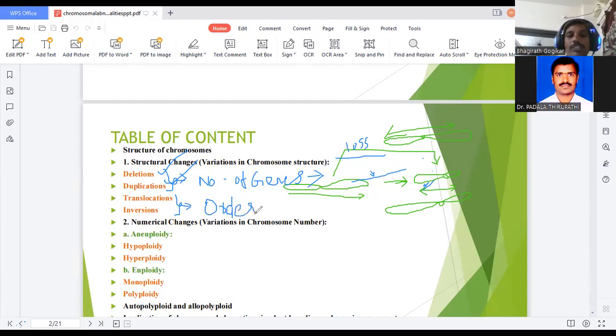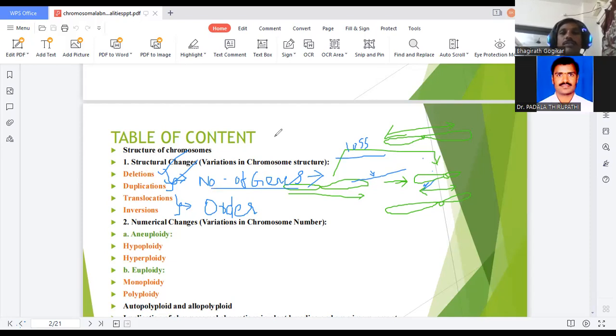So the order of genes is changed in translocation and inversion, and in the first 2 cases, the number of genes in the gene loci is changed. So broadly, you can remember this difference: deletion and duplication in one set, translocation and inversion in the other set. These are the 4 kinds of aberrations related to the structure of the chromosome.